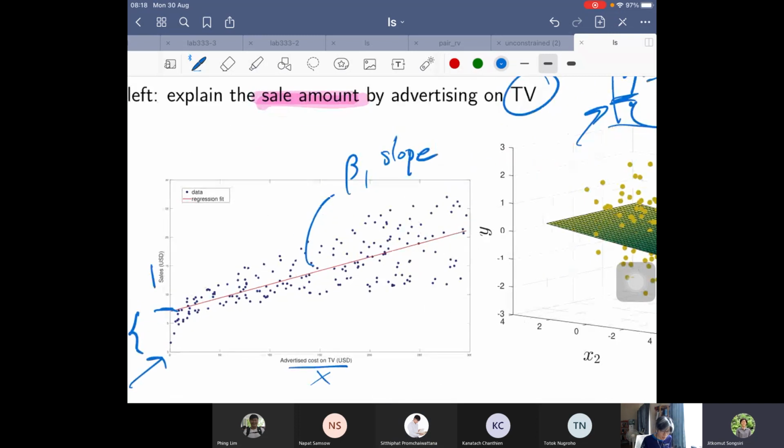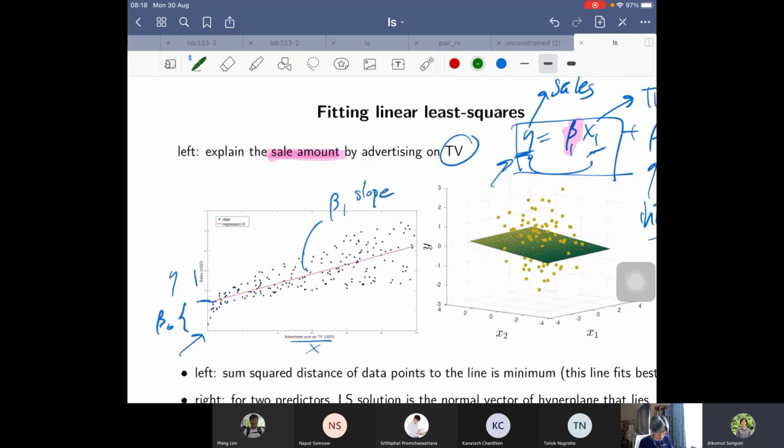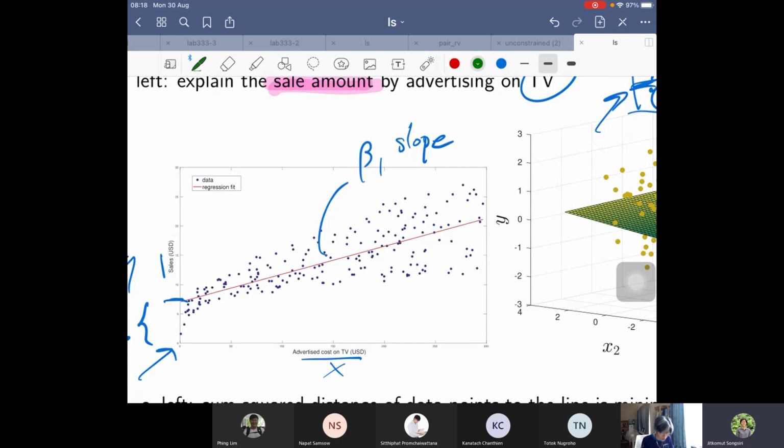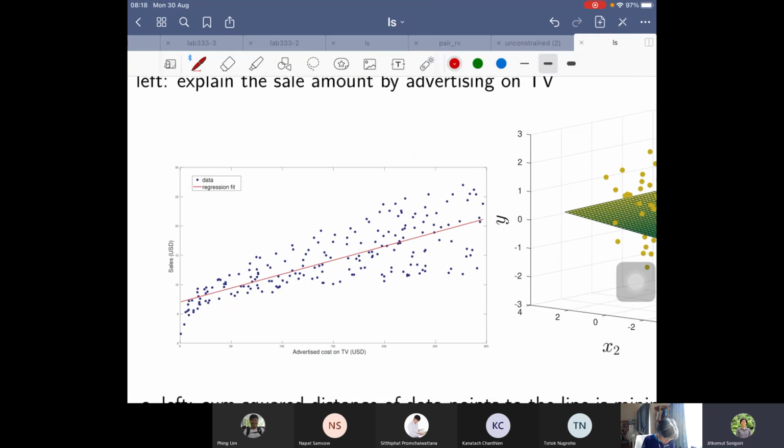Basically the way we look at the problem is, you want to estimate beta 1, the slope, and the intercept term so that it fits best with the data points. So it's not going to be this line, it's not going to be this line. So it's the red line. When we talk about the residual, the residual is the error, right? It is the distance from the data point to your linear model.